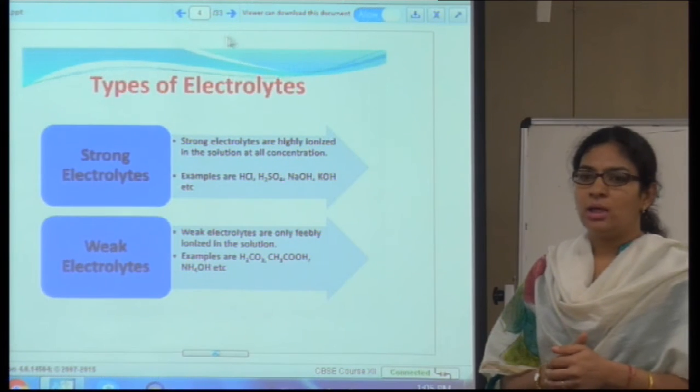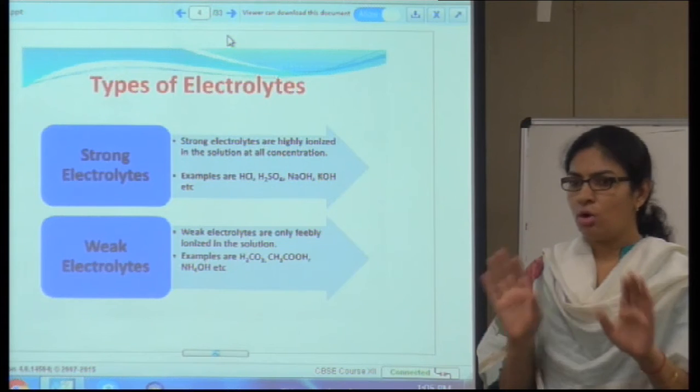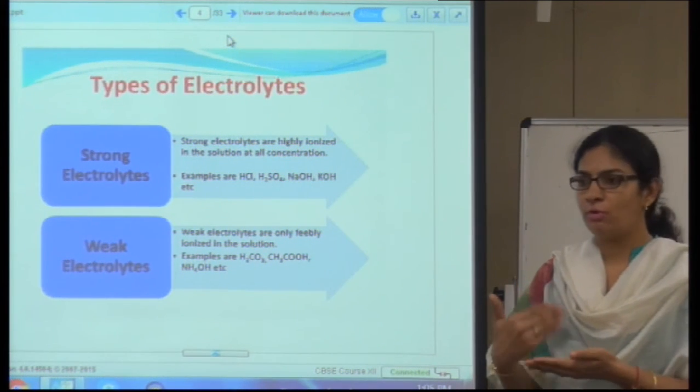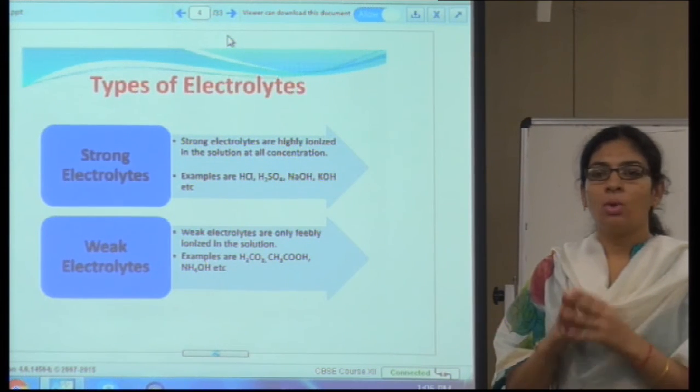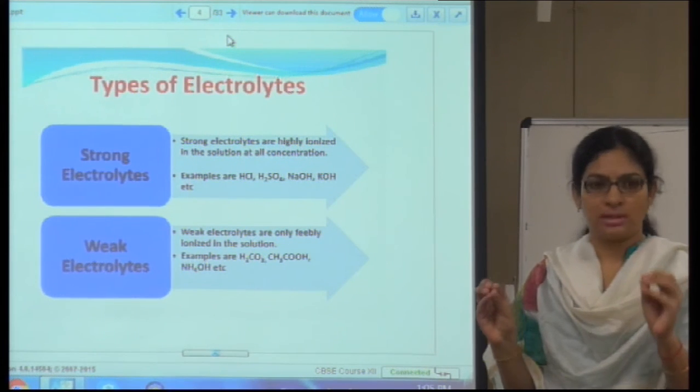When we are clear about what electrolytes and non-electrolytes are, the next thing is what the different types of electrolytes are. You can have many electrolytes, but all of them do not decompose to the same extent.